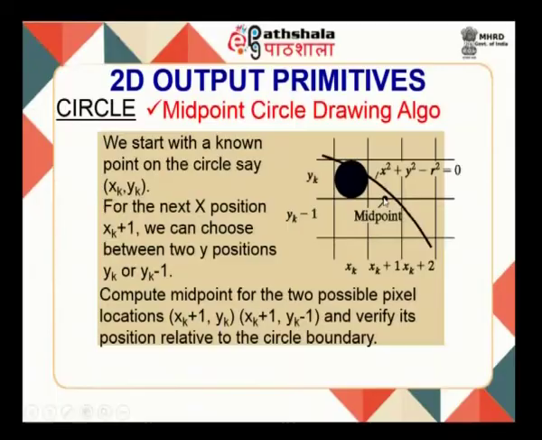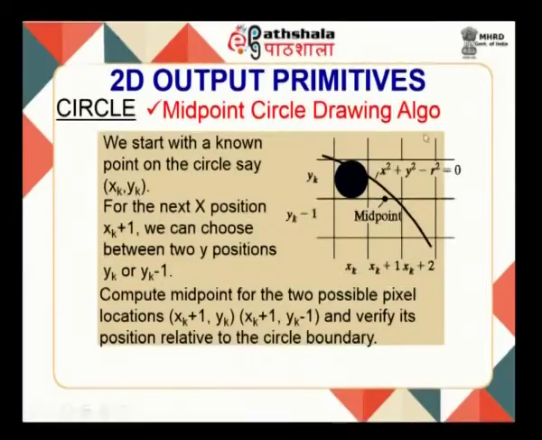The principle behind this midpoint procedure is, if the midpoint of the two possible pixel positions lies inside the circle boundary, that means the circle boundary is close to the upper pixel. Let me repeat that. If the midpoint lies inside the circle boundary, it is close to the upper pixel, so in this case we choose yk.